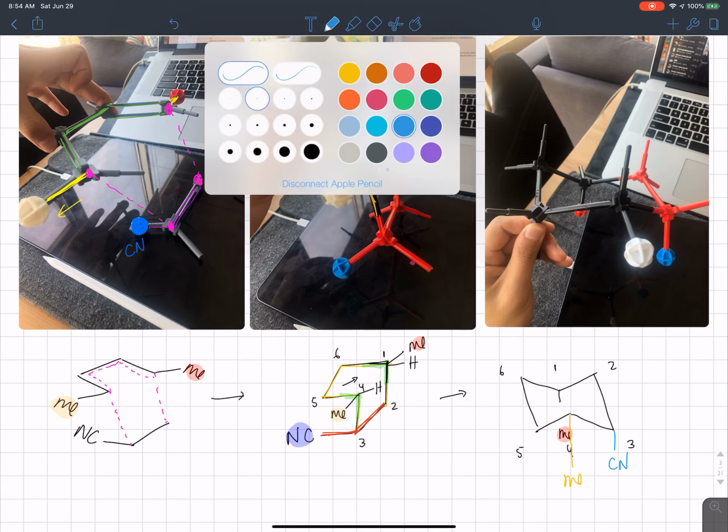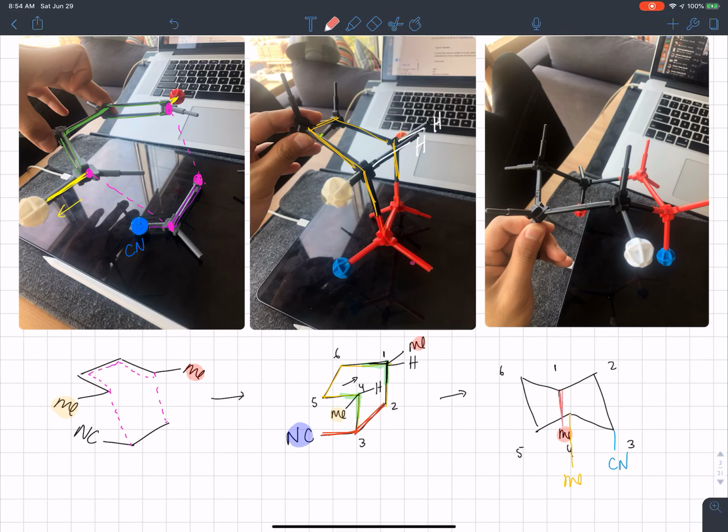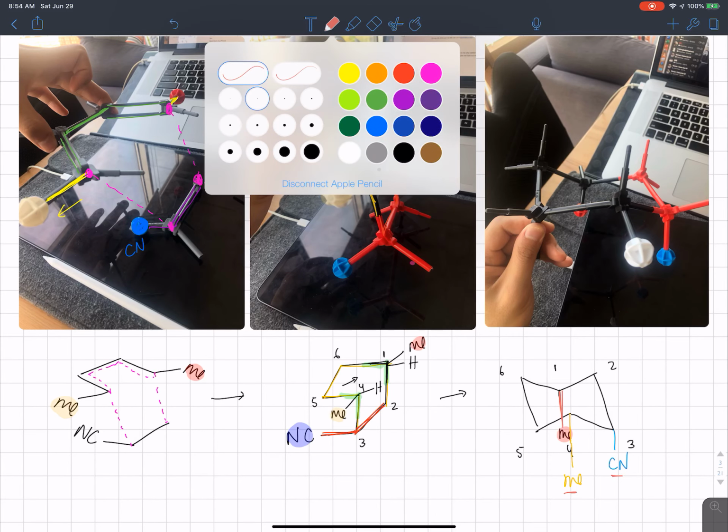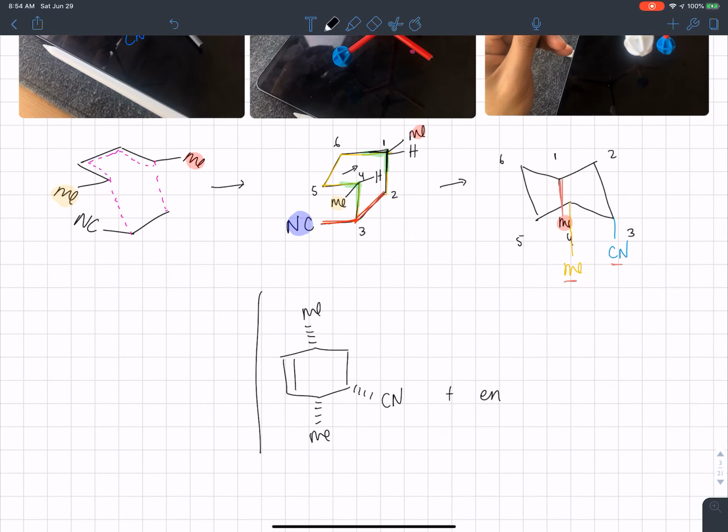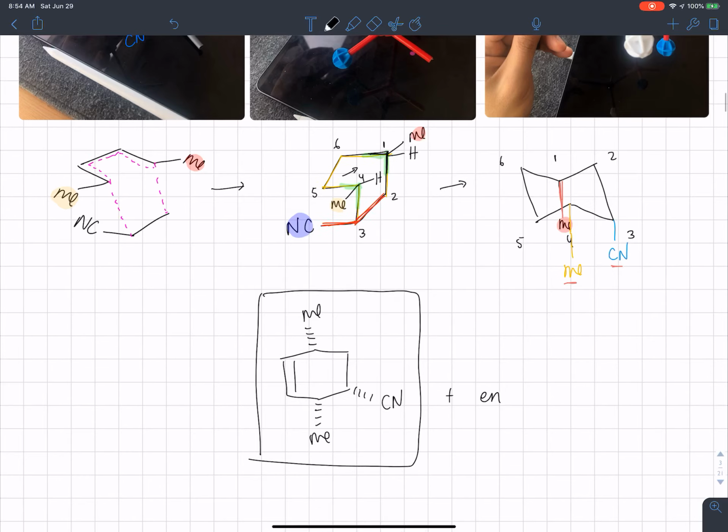And this is why, if you see the way they're arranged, this is pointing down, the yellow methyl is also down, the cyanide is also down, which means that this is a syn-substituted molecule. Therefore, when we combine everything, we can finally draw our final product, which is everything facing down on the same side, plus the enantiomer. And this would therefore be our final answer.